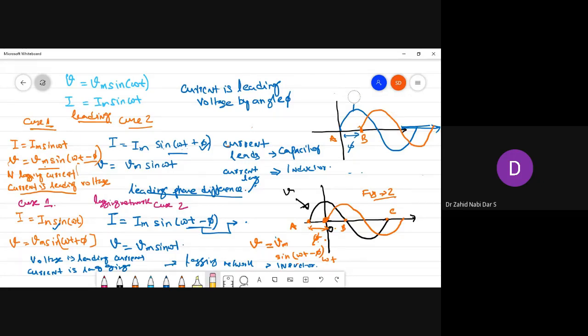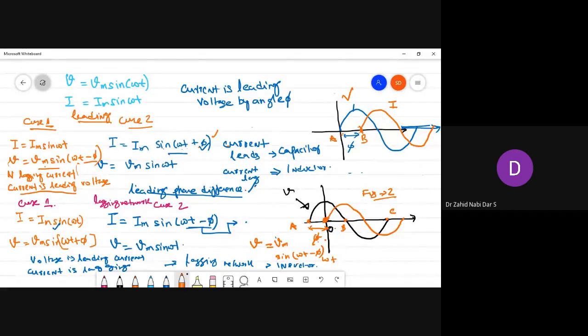Instead of Im sine omega t, I keep this as current I, so that means current is leading. So this is phi, whereas V is equal to this point, V is equal to Vm sine omega t. You are seeing the same thing happening, right? So it's a capacitor network.